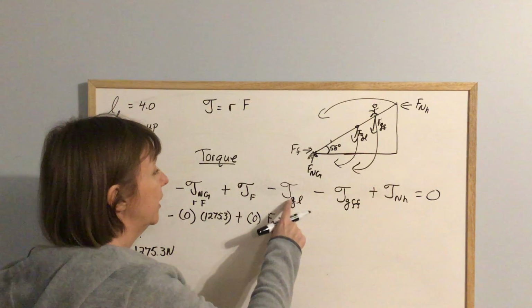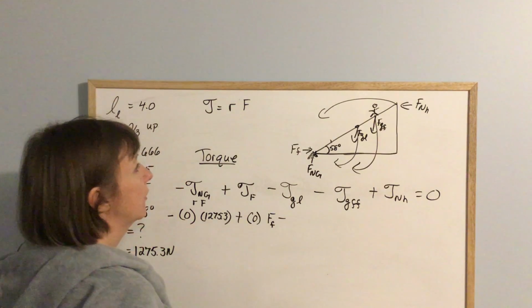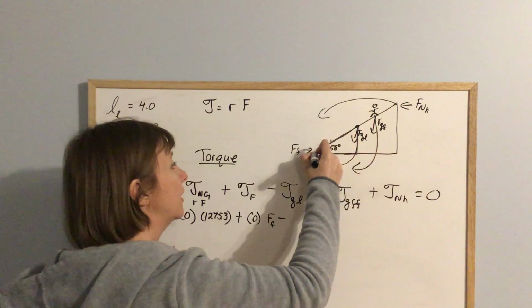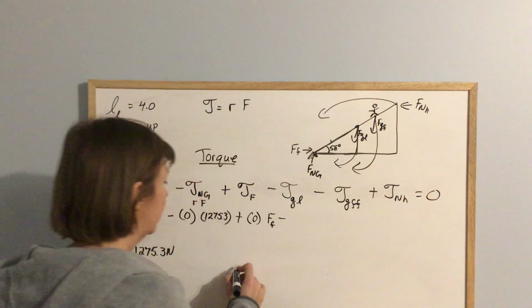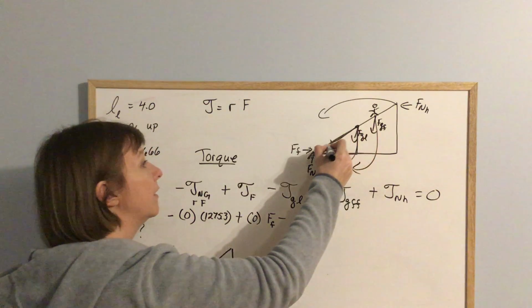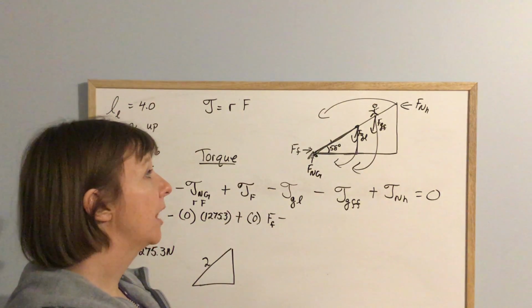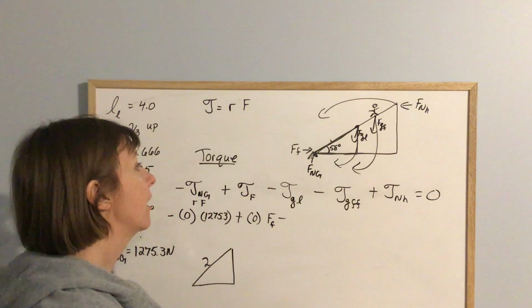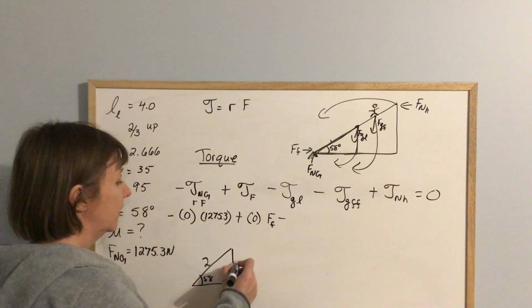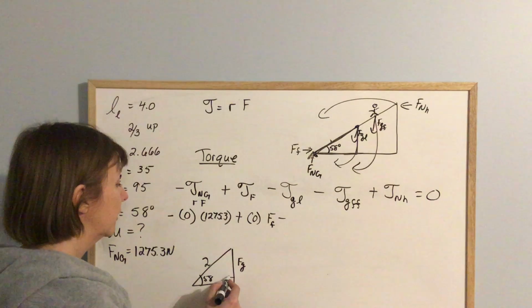So here we have torque because of gravity on the ladder. If we just look at this little triangle inside it, I'll take that out and write it down here. We know that this distance is 2 because gravity is working halfway up the ladder. The full ladder is 4 meters, and so halfway is 2. This angle is 58. This is force of gravity, and this is my lever arm distance, and they are perpendicular to one another.